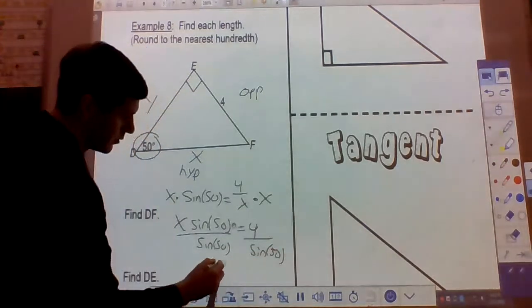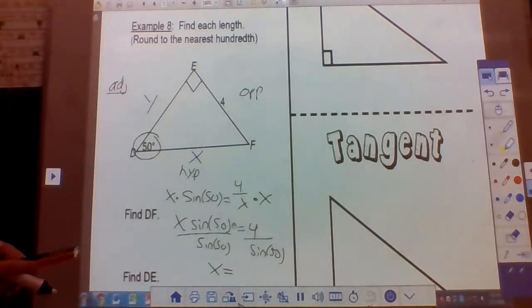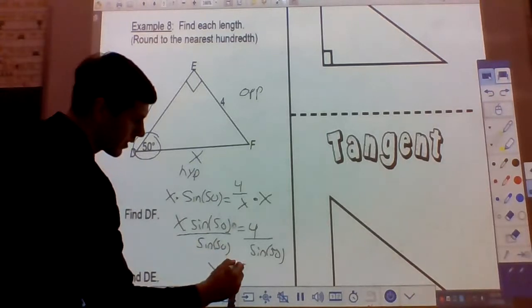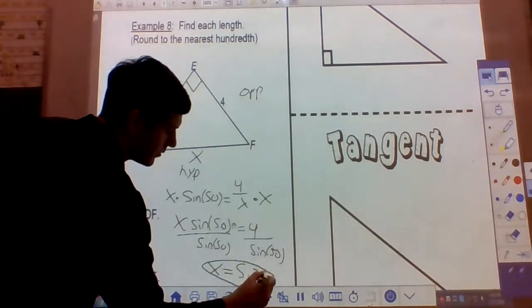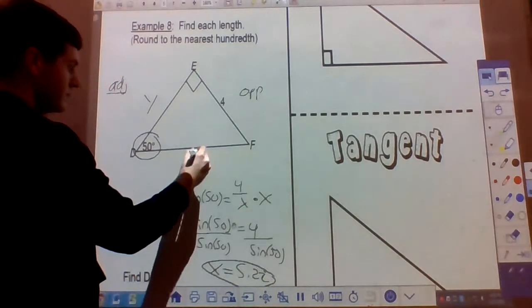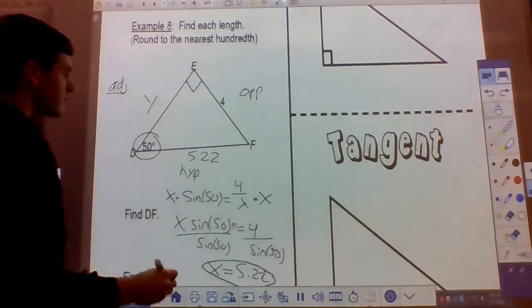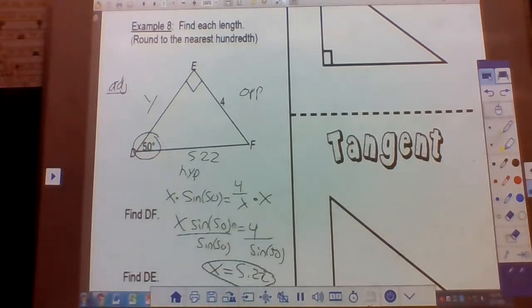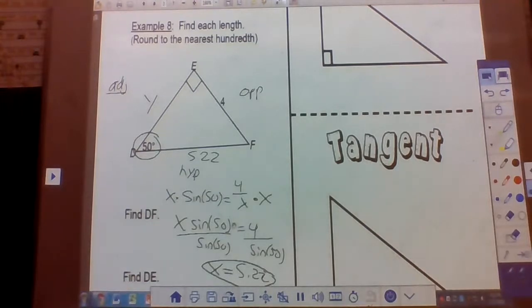So we get x equals 4 divided by the sine of 50, which is 5.22. I remember that one, 5.22. Now we have 2 of the sides. We want to find the third side, so we want to find DE. That's the next question. I labeled that Y.